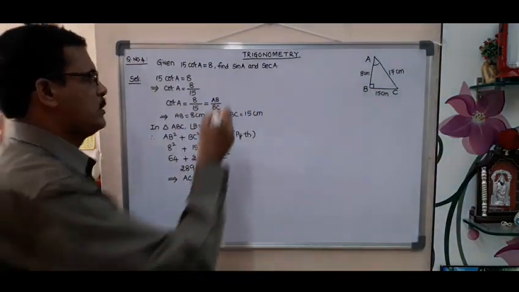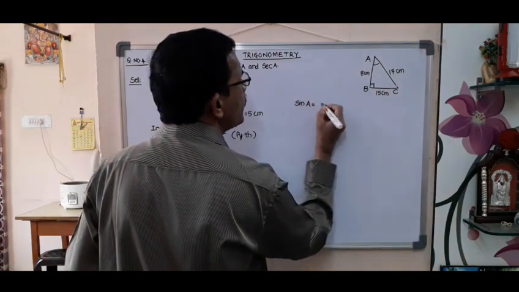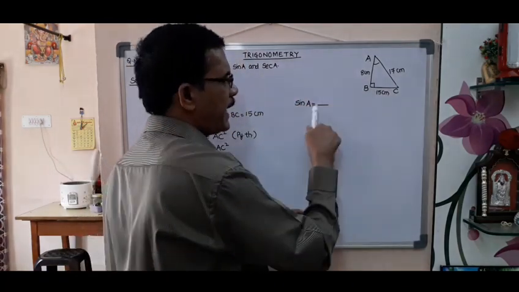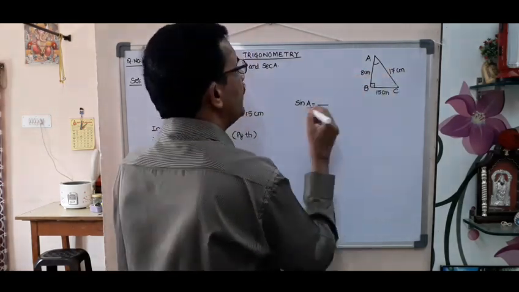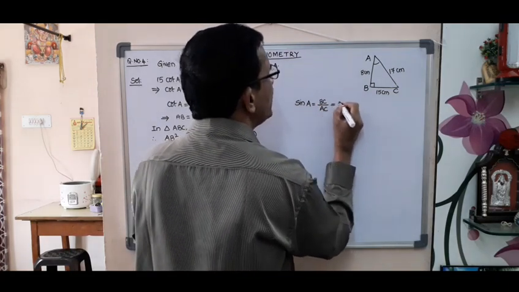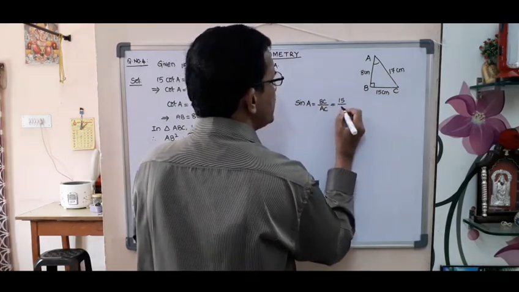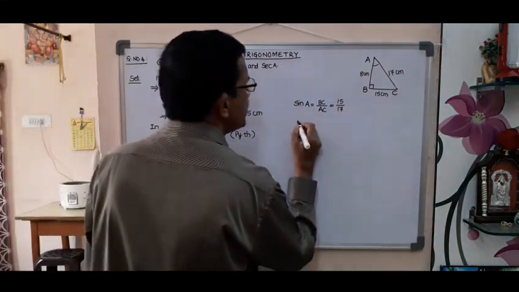Now finding sin A. Sin A is equal to, with respect to A, sin theta definition, opposite side to theta by hypotenuse. BC by AC. BC length is 15 centimeters and AC length is 17. Now secant A.